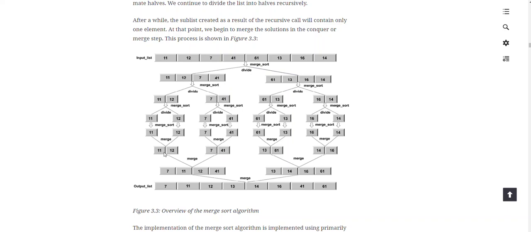Well, no, we're going to have to do some juggling here. These two are going to have to go in between these two. So we end up with 7, 11, 12, 41. Well, how about here? These two are going to go in between these two. There we go. So you're either going in front of, behind, or in the middle, one way or the other.